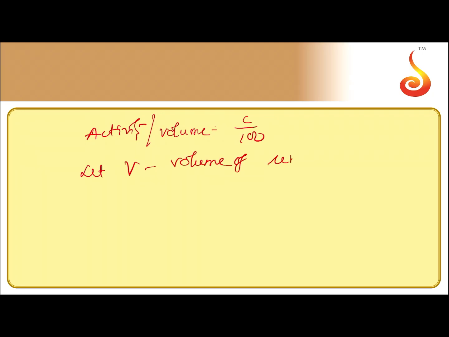The initial activity per volume is equal to C by 100. Count rate is basically the initial activity per volume. Now let V be the volume of remaining liquid.